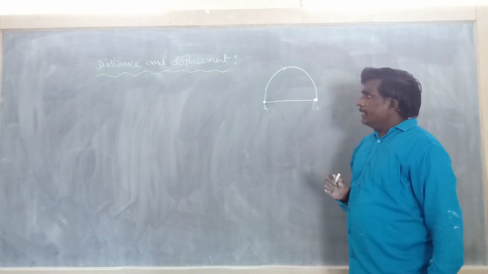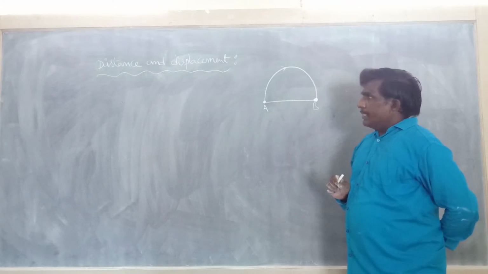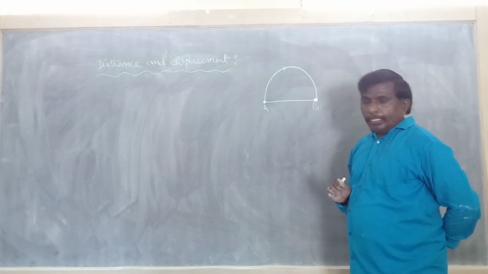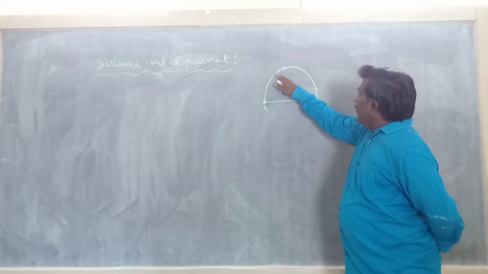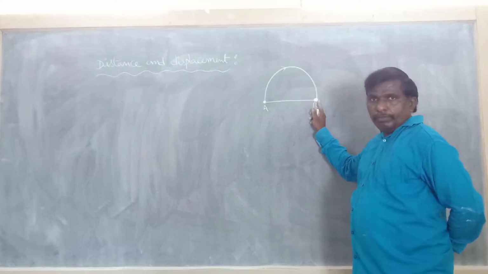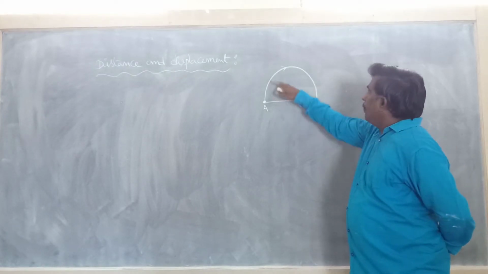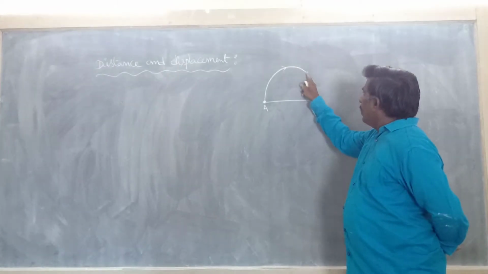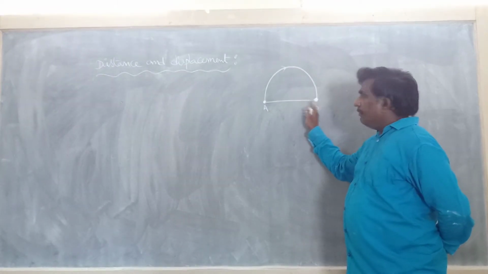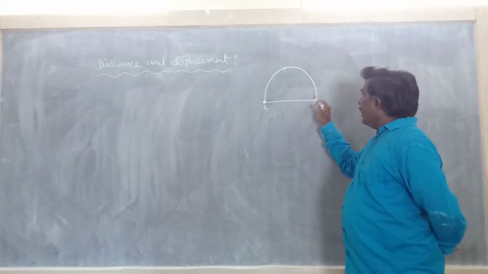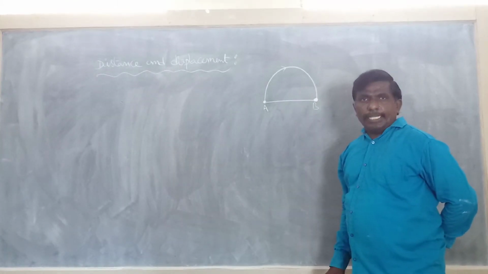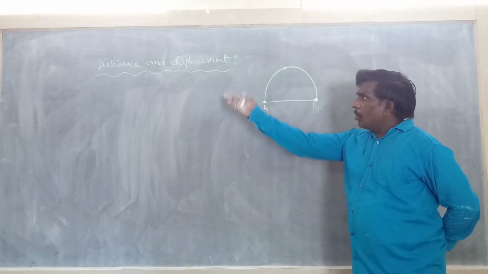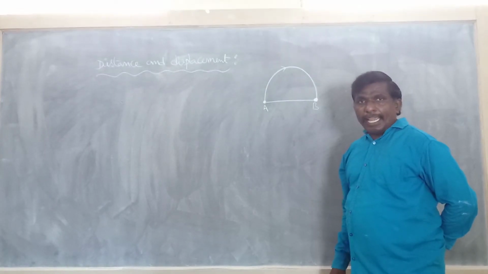So what is distance? The total length of the actual path traveled by a body between initial and final positions is called distance.